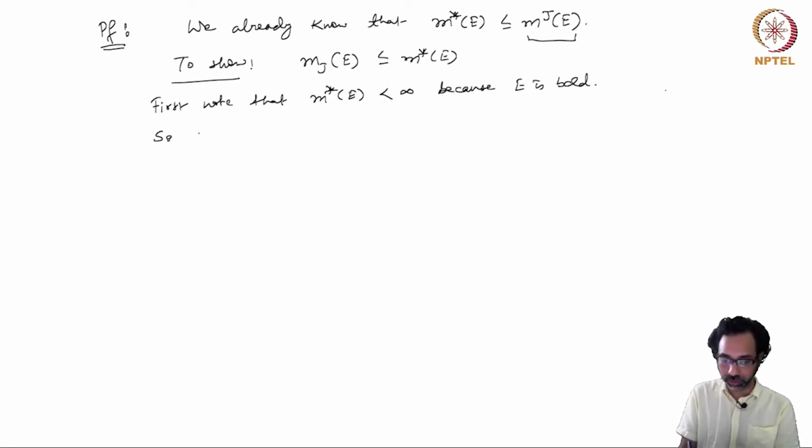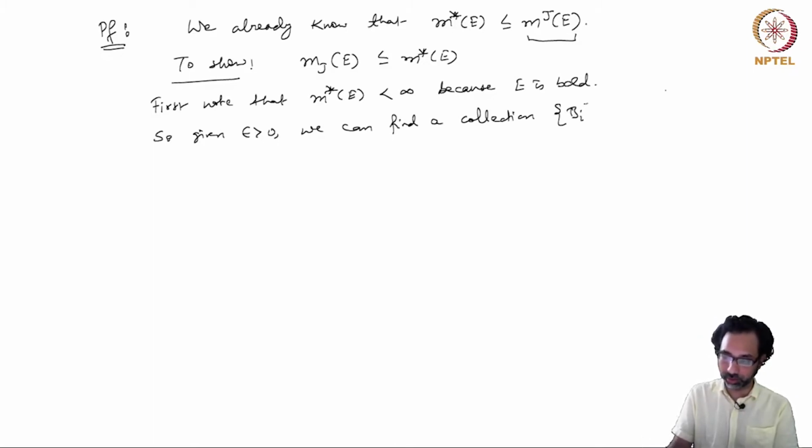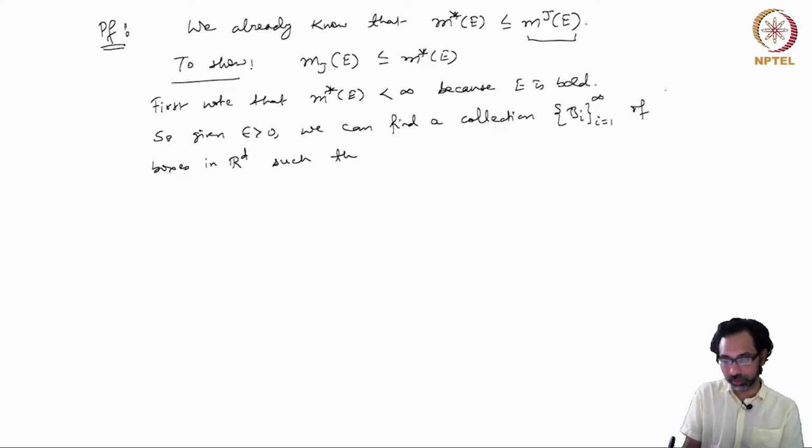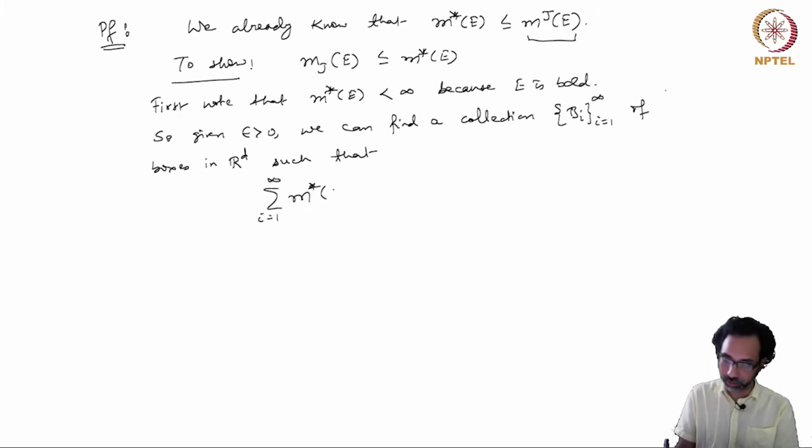So given epsilon greater than 0, we can find a collection B_i, i equal to 1 to infinity, of boxes in R^d such that the sum from i equal to 1 to infinity of m(B_i) is less than or equal to m*(E) plus epsilon.